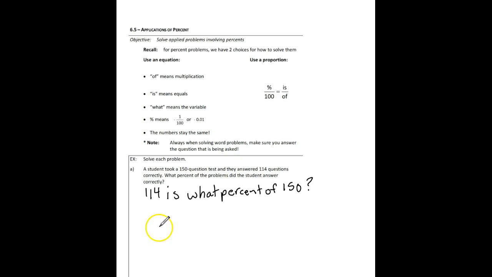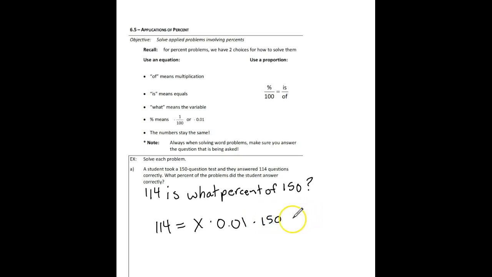I'm going to do an equation on this one. 114 is, that's our equals, what is our variable? Percent. Remember, we multiply by 0.01, and then of, where I multiply again, and then 150.